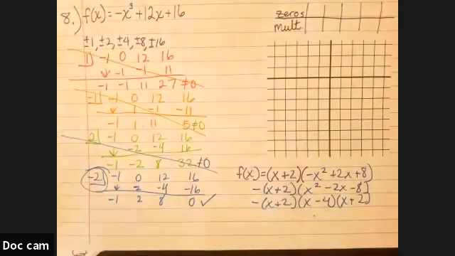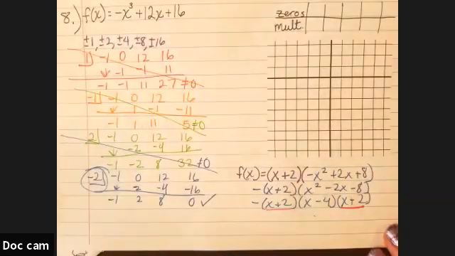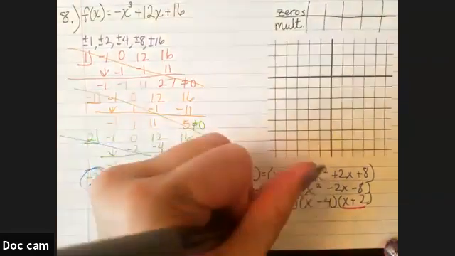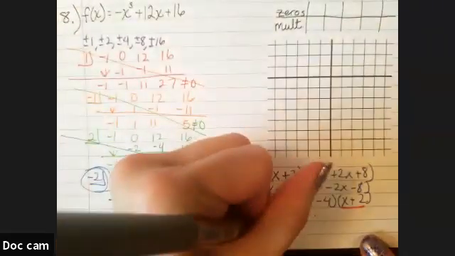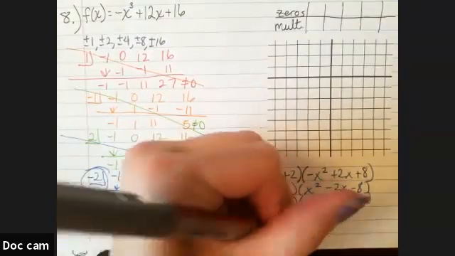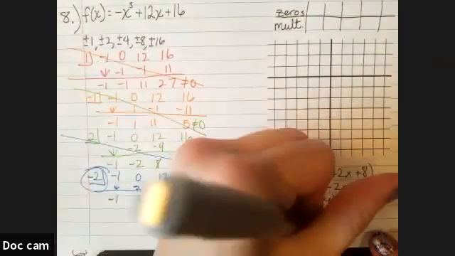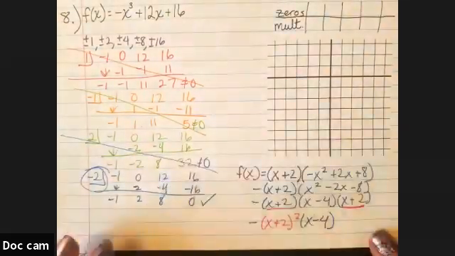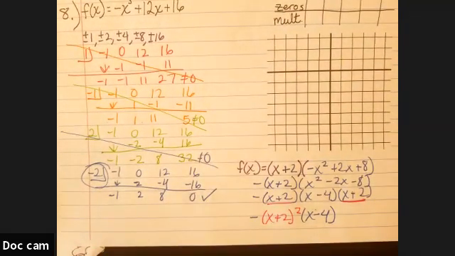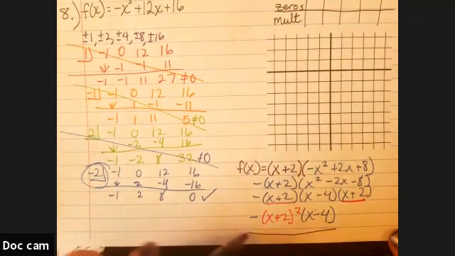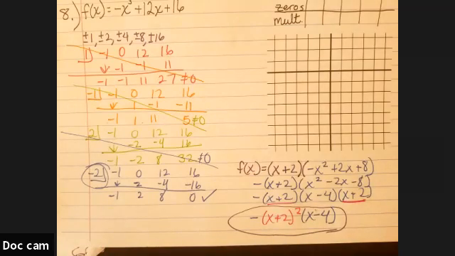And then what you have here is you have x plus 2 and another x plus 2. So I'm going to write that as x plus 2 squared. Bring down x minus 4. So there is my fully factored form of the function right there.